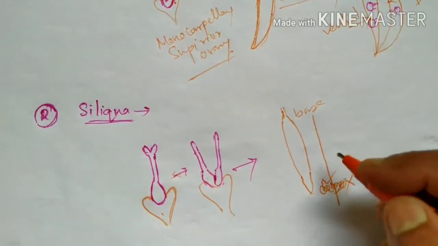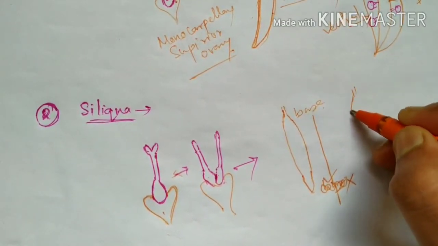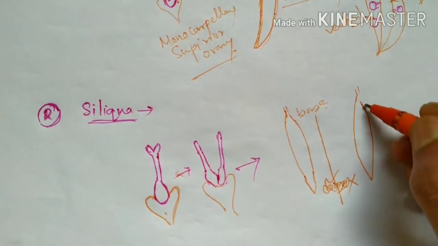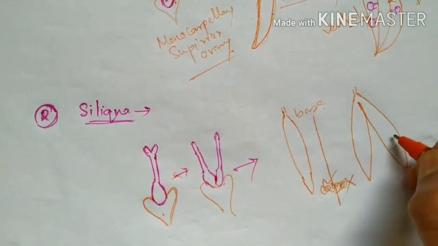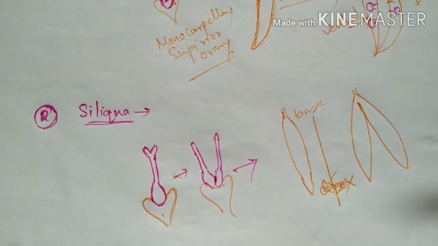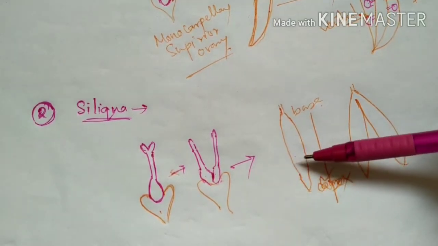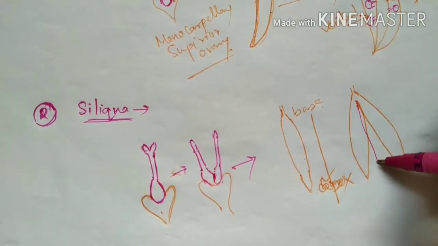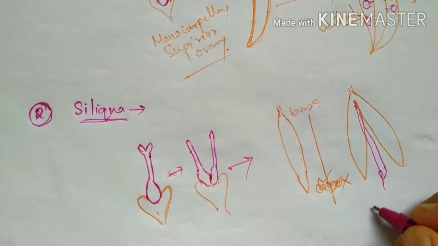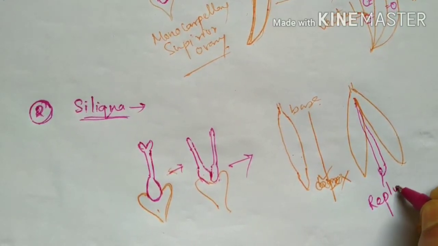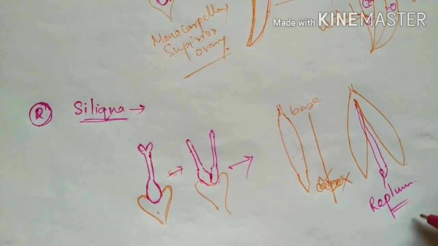After breaking of the pericarp it looks like this, and in the mature fruit a false septum is present, which is known as the replum, and the replum contains seeds.